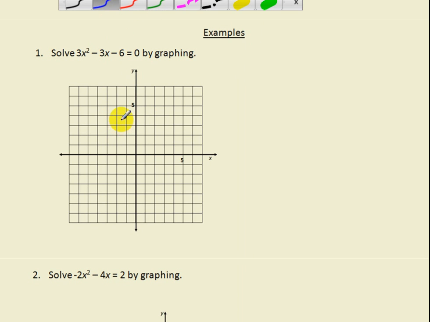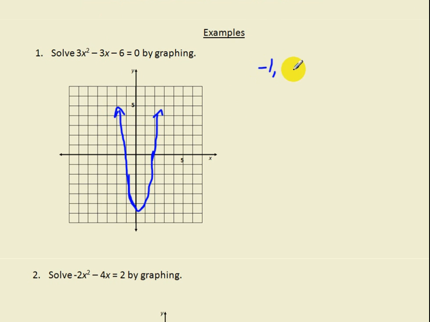So it looks like roughly something like this, very roughly. So roughly something like that, and it looks like -1 and 2. And we can ask, is that correct?